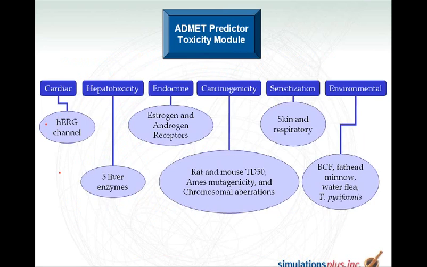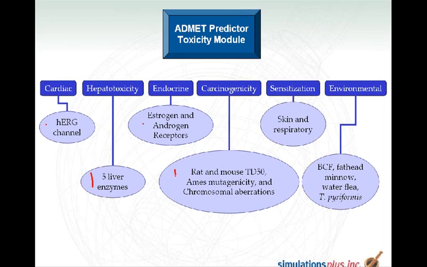So starting over on the left, for cardiac toxicity, we compute if it will block the hERG channel. For hepatotoxicity, we look at 5 liver enzymes and if they're elevated in serum. Endocrine system, we look at estrogen and androgen receptors.